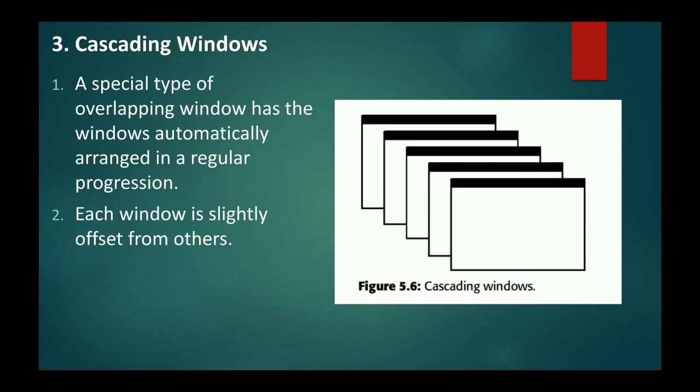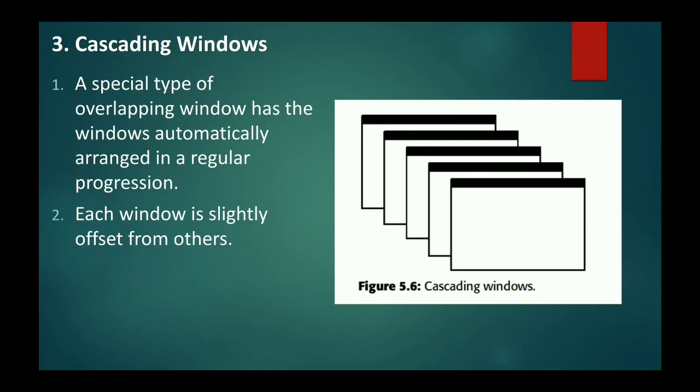The cascading windows presentation style is a special type of overlapping windows in which the windows automatically arrange in a regular progression. As you can see in the diagram, we had five different windows on the screen. When we select the cascading windows presentation style option, it will display all the windows in this manner. Each window is slightly offset from the others, so you can see all the windows available to you.